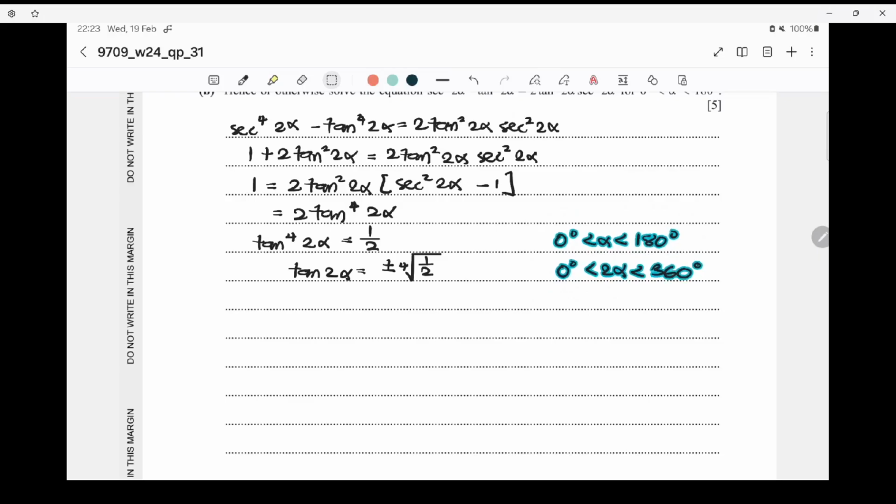Let's put it over here. So now just use your calculator. So 2 alpha when you calculate, because you are required to answer in degrees, you need to change it to degrees. So this is the first angle, second angle, third, and fourth.